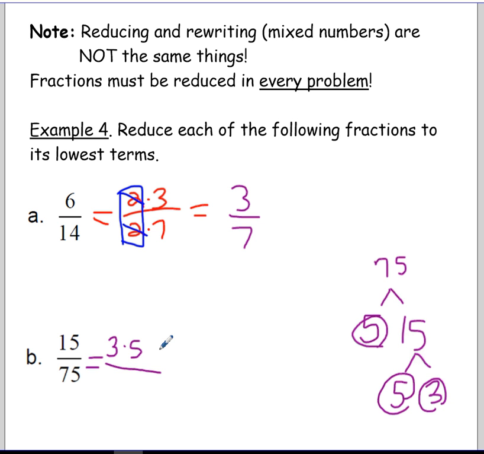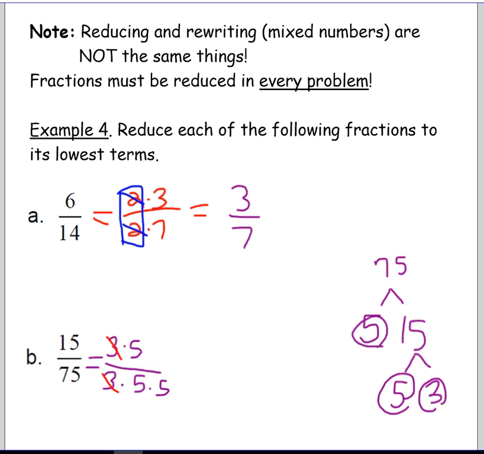And here, to be able to reduce, we don't want to write it using exponents. So we'll say that we have a 3, because we're going to put it smallest to biggest, times 5 times 5. So look what happens. We have a 3 on top that can cancel out with a 3 on the bottom.